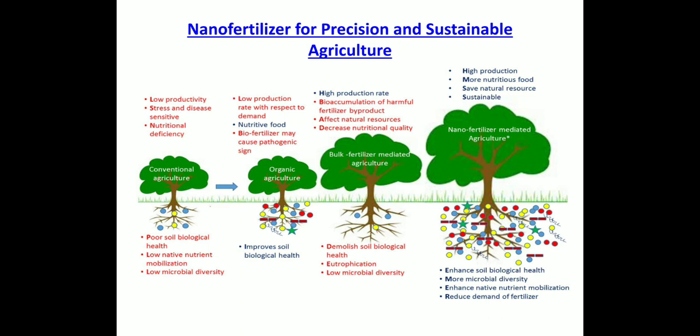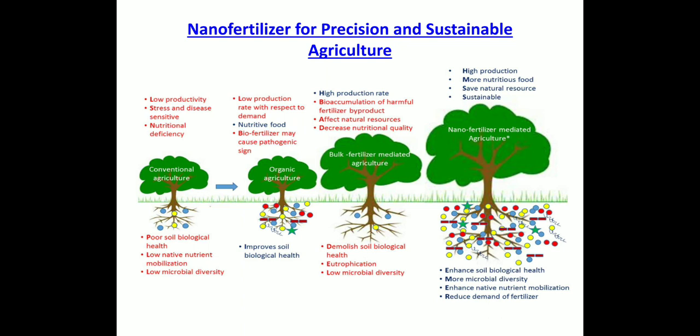But in the bulk fertilizer mediated agriculture, that is the high-tech agriculture, there is a high production rate, bioaccumulation of harmful fertilizer byproducts, effects on natural resources, decreased nutritional quality. But in case of the nanofertilizer mediated agriculture, which will increase the production, more nutritious food without toxic effects, where the natural resources keep the production level in a sustainable way.